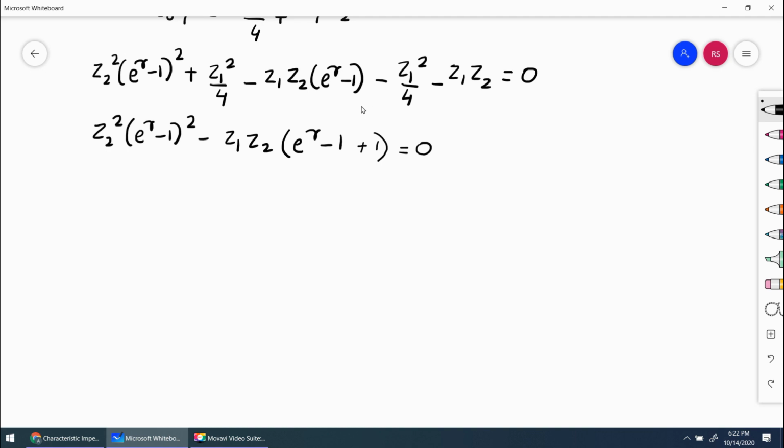Okay, now this is Z2 square, e to the power gamma minus 1, the whole square, minus Z1 into Z2 e to the power gamma. This one and this one will get cancelled.